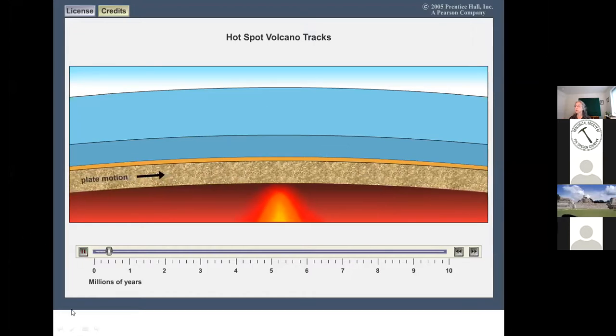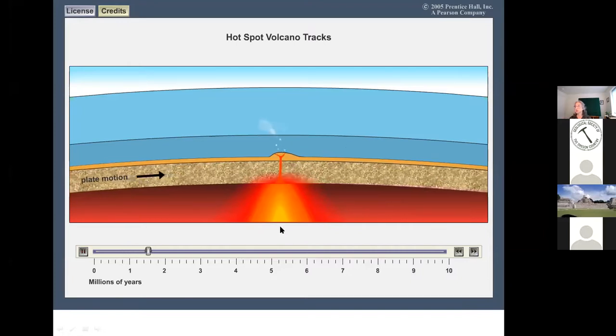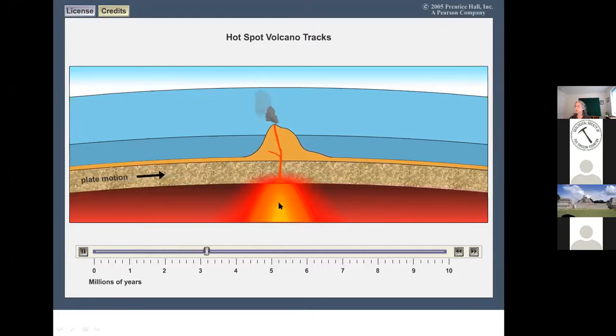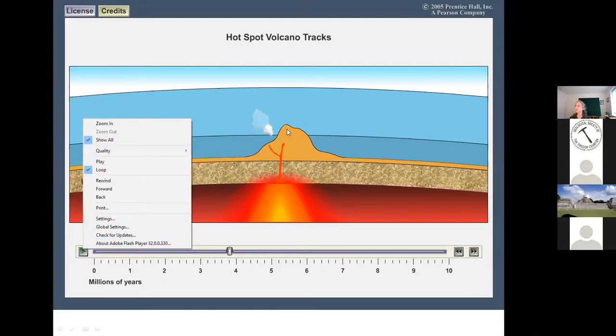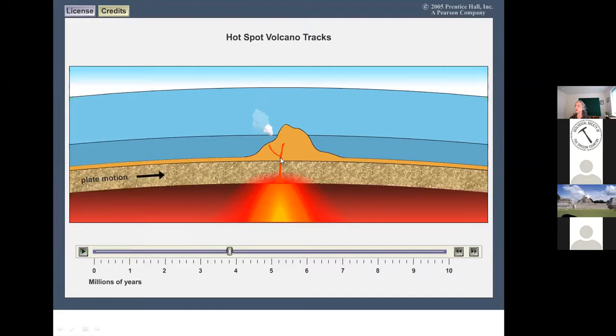Okay, so we've got an ocean, we've got magma that for some reason is coming. We don't really know the origin of these hotspots, but it comes from deep inside the earth and it starts erupting, in this case under an ocean, and it forms an island. Now here's the deal: the hotspot basically stays in one place, but the plate moves over it.